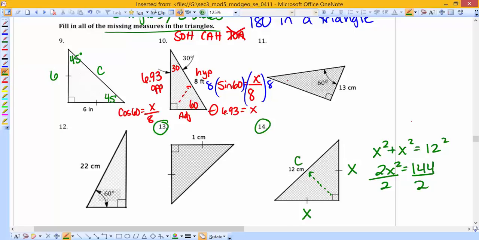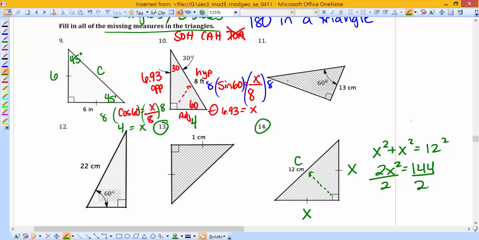Then I'm going to multiply both sides by 8. So this is going to be 8 cosine 60 degrees, which gives me 4. So x equals 4. And I have found all the measures of my triangle.